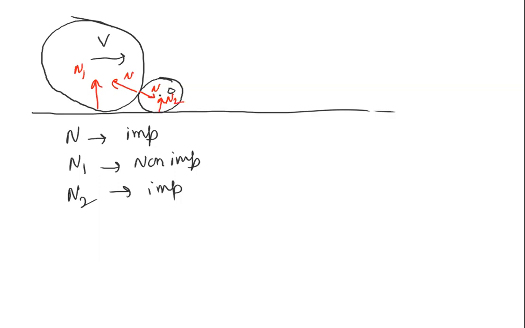Why? सर क्योंकि जब नॉर्मल एन आ रहा है तो उसका एक कंपोनेंट वर्टिकली डाउनवर्ड्स भी लग रहा है, तो N2 जो है वर्टिकली ऊपर ज़्यादा लगेगा, लाइक हाँ. इम्पल्स जनरेट होगा.